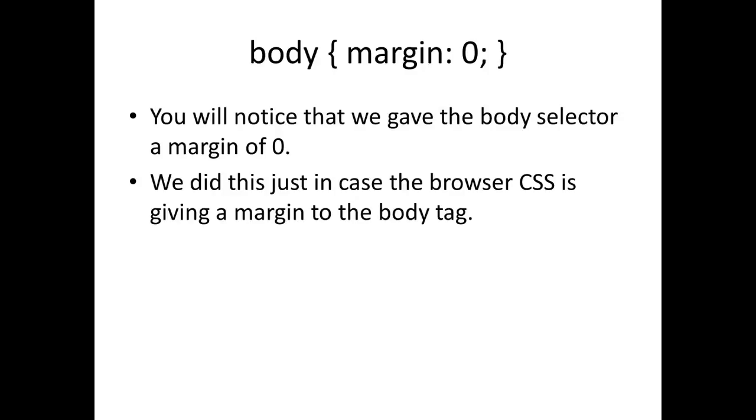Chrome has its own CSS, and we looked at the default CSS commands. Do you remember that? Yes. Firefox has them, Internet Explorer has them, but we wanted to make sure that the body has a margin of 0. So that's why we put that in the CSS.